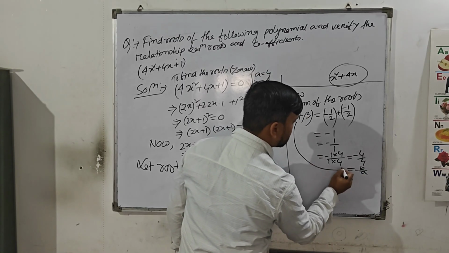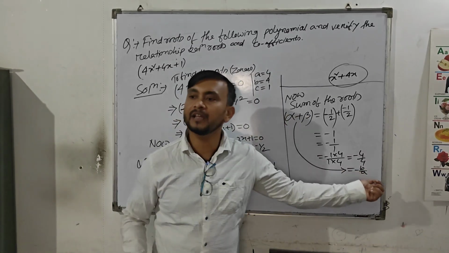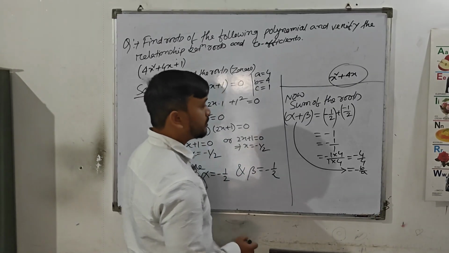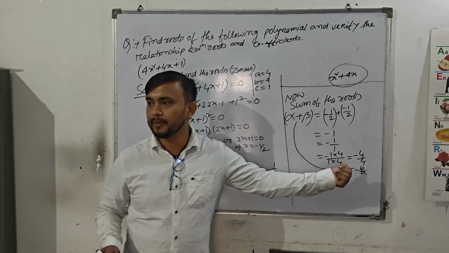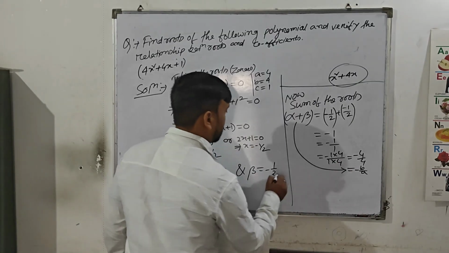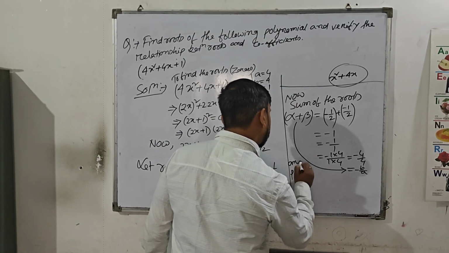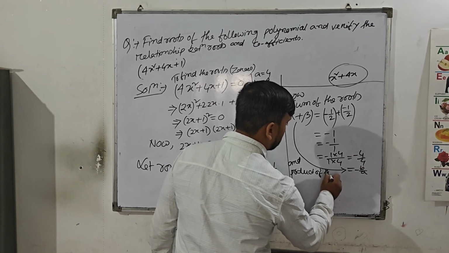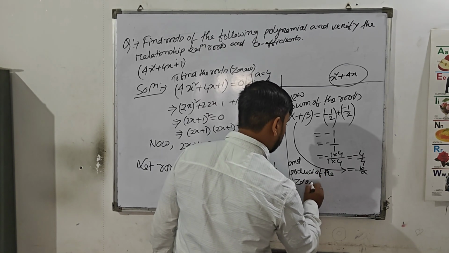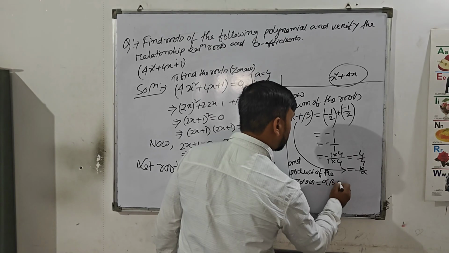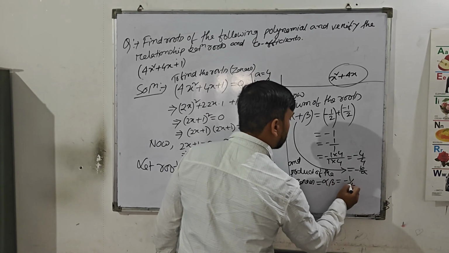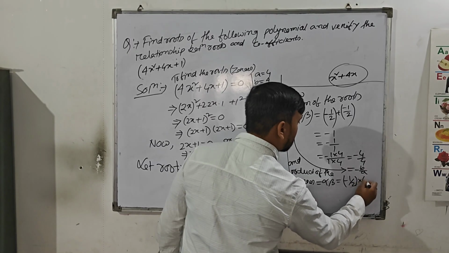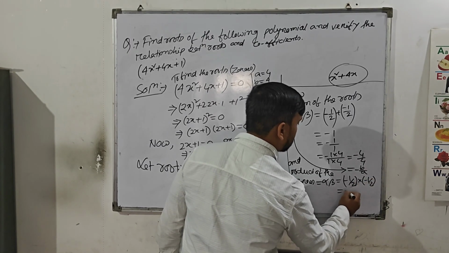Finally I got this. Then write the sentence yourself. This is one example. Product of the zeros: minus 1 by 2 into minus 1 by 2 gives you 1 by 4.